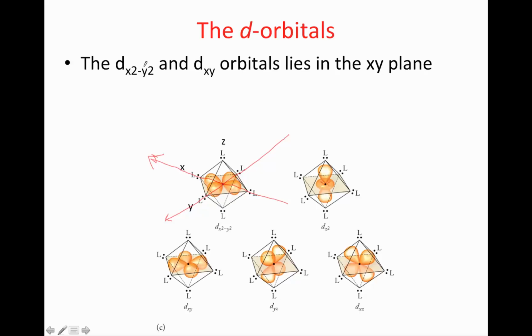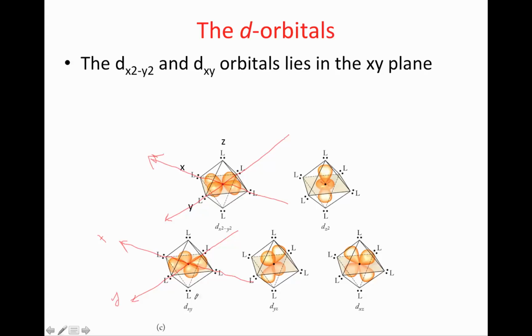So the dx squared y squared orbital, all four lobes, really are lying in the xy plane. And over here, I could also draw some axes. So here's an x-axis, and here's a y-axis. And this orbital as well is also lying in the xy plane.